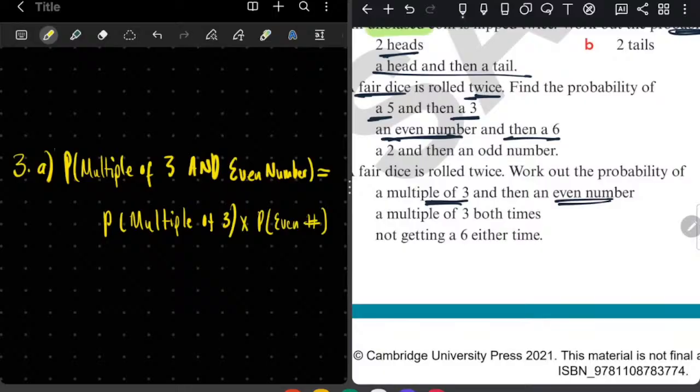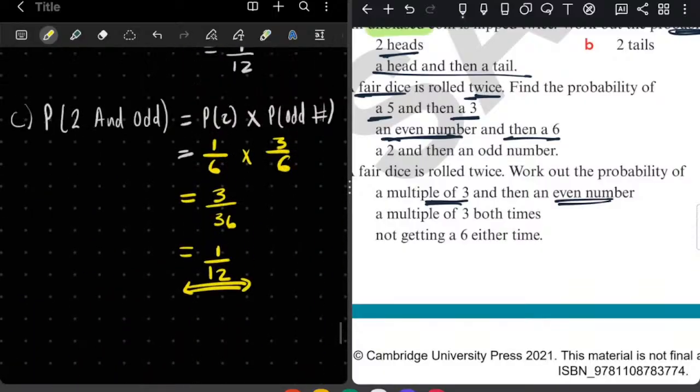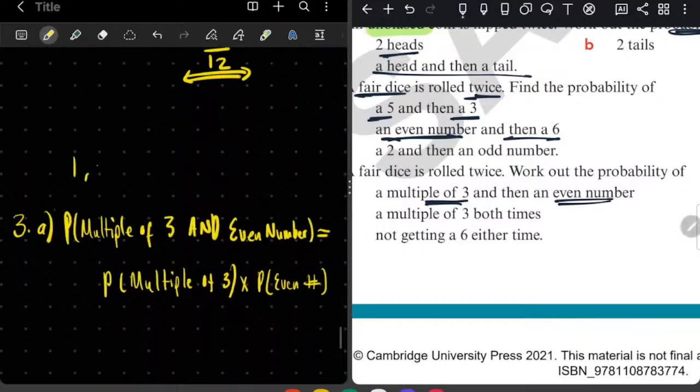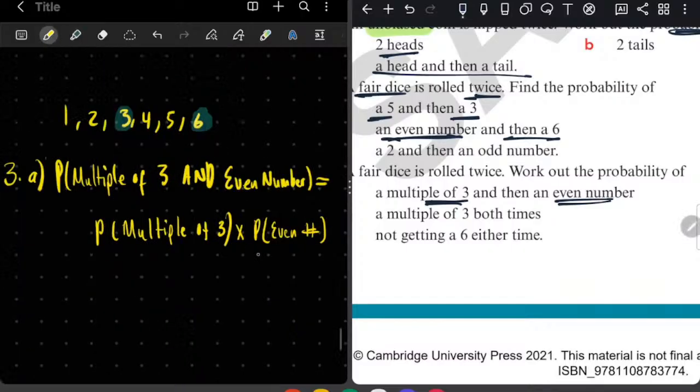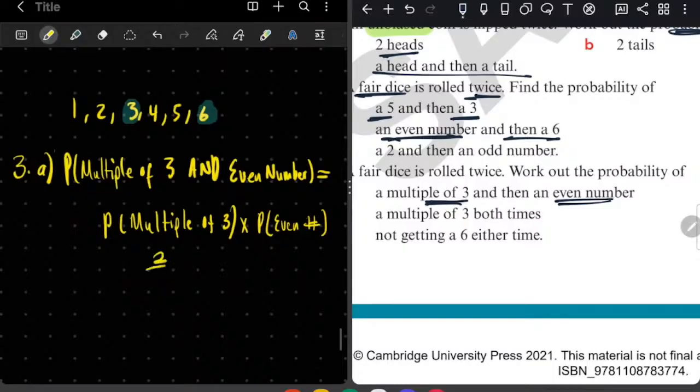How many multiples of 3 do we have here, on 1, 2, 3, 4, 5, and 6? 3 times 1 is 3, 3 times 2 is 6. So it's 3 and 6. Can you see? How many multiples of 3 do we have? 2 of them. So probability of a multiple of 3 is 2 out of 6.